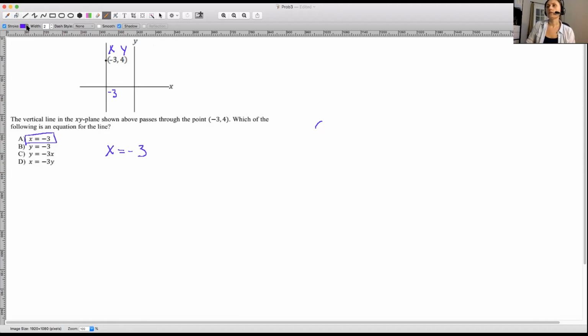Well, let me use another color. Maybe I can show you. So where would y equals -3 be? Well, it would be somewhere over here, going kind of like this. This is the y-axis, so -3 is somewhere like that.